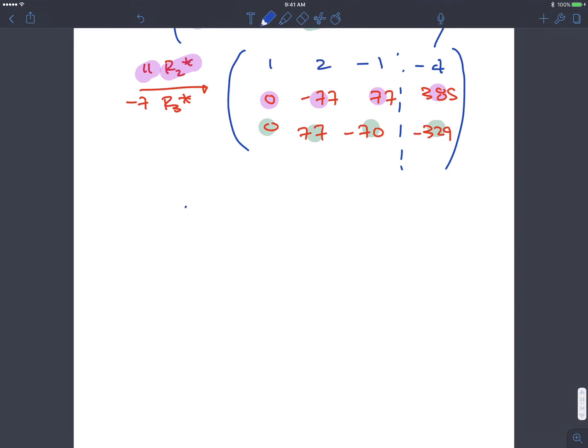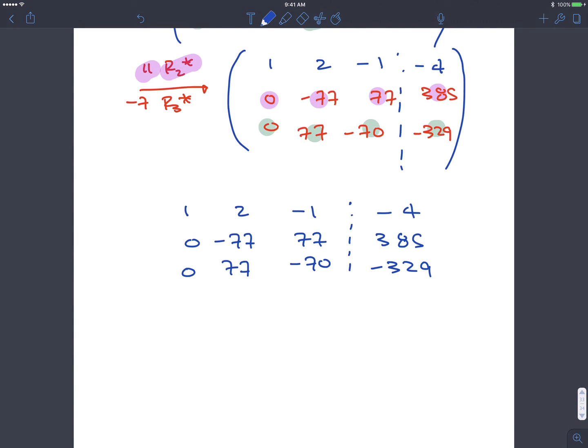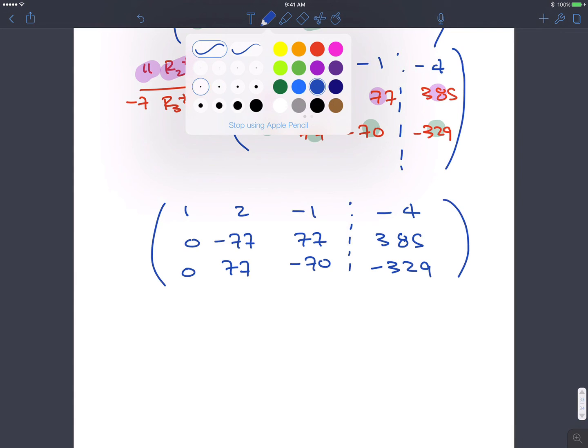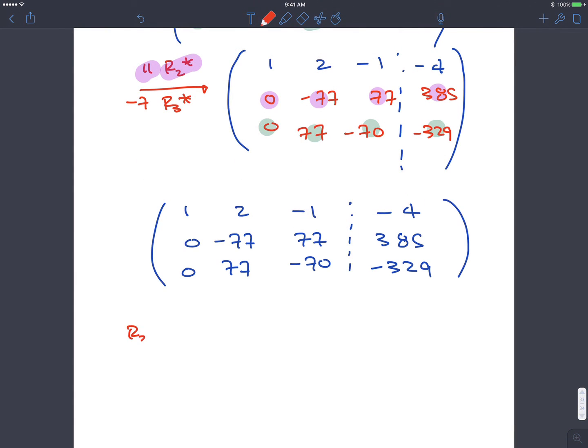So now we have 1, 2, -1, -4, 0, -77, +77, 385, 0, 77, -70, -329. We're now going to change row 3. We're going to take row 2, and we're going to add it to row 3, which will change row 3.